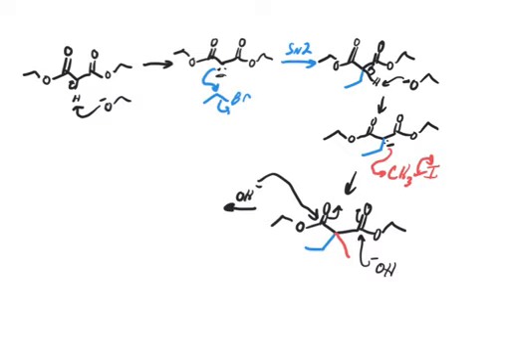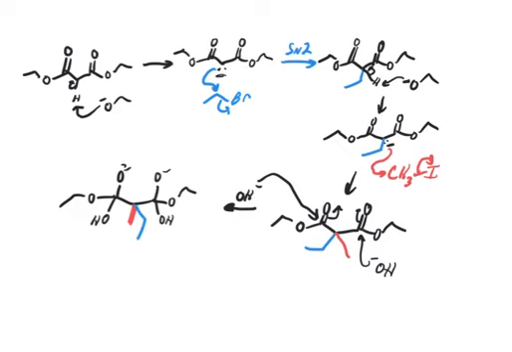We're going to wind up with an intermediate that looks like this. And again, this may happen in two steps. I'm drawing it as if both are happening at the same time. So again, this will be the methyl group and the ethyl group that are attached.